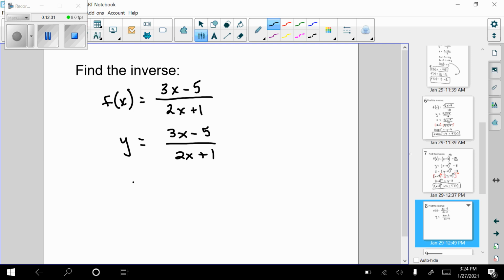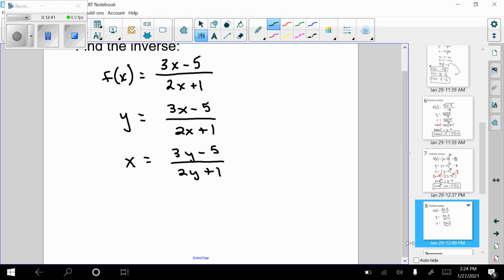Switch my x and y, and perform some algebraic magic. So I'm going to multiply both sides by 2y plus 1. Keep your parentheses there because you're multiplying by an expression.